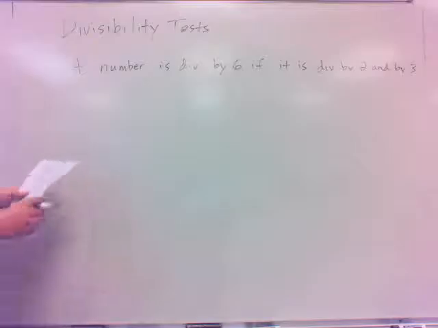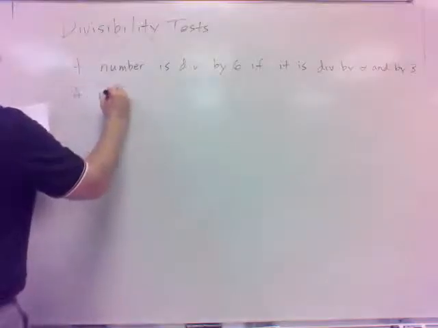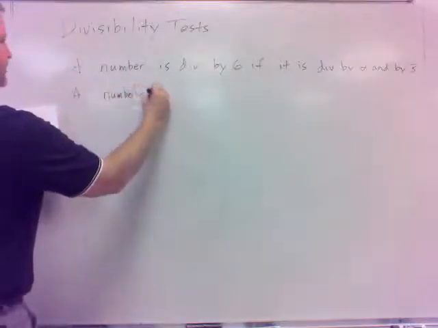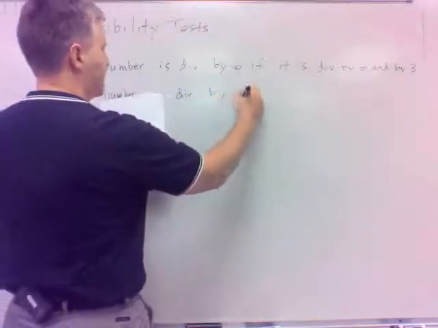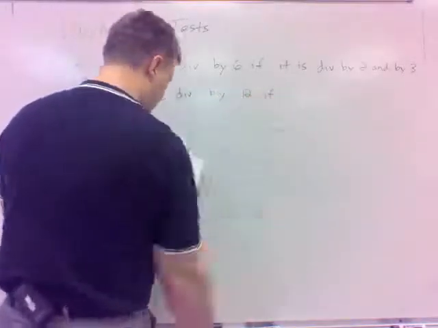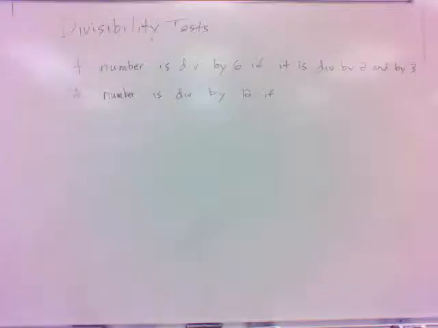Now, the other one, a number is divisible by 12. Well, let me mention this. You can't always just combine the tests. Like for 8, could I use the test for 2 and 4? And the answer is no. If a number is divisible by 2 and by 4, it doesn't mean it's necessarily divisible by 8.